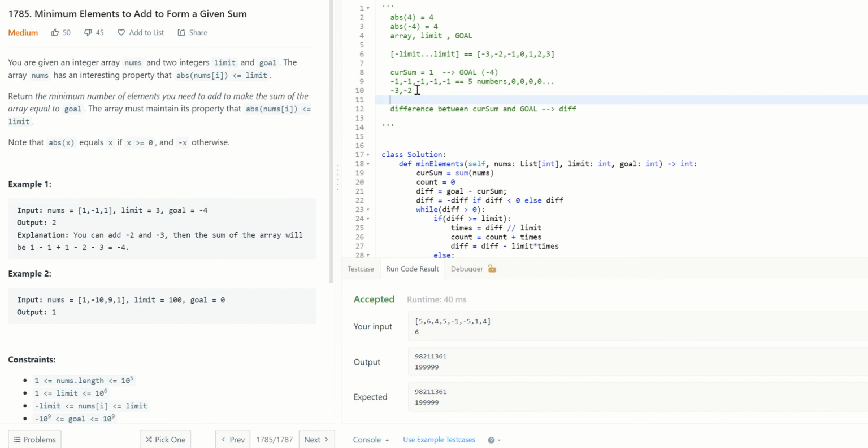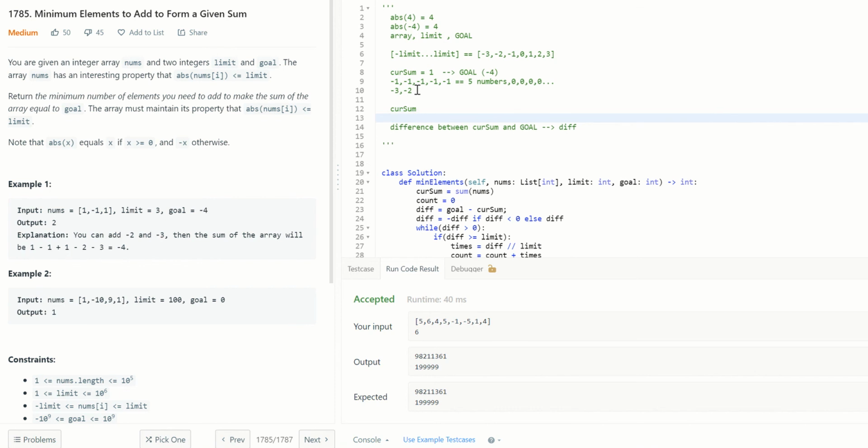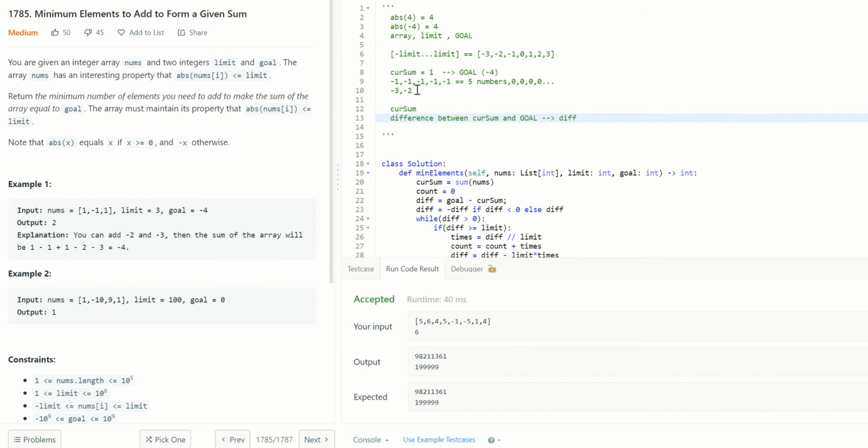So we are going to follow the concept that we discussed and frame an algorithm around it. Now we are going to calculate the cursum as is. Our cursum will have a value, and then we will have the difference between the cursum and the goal.